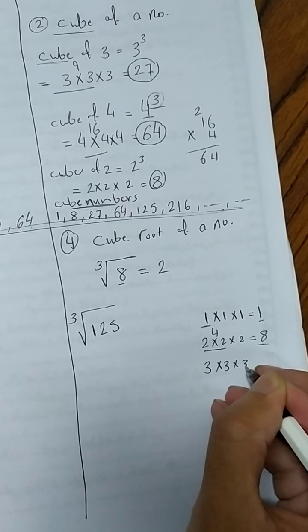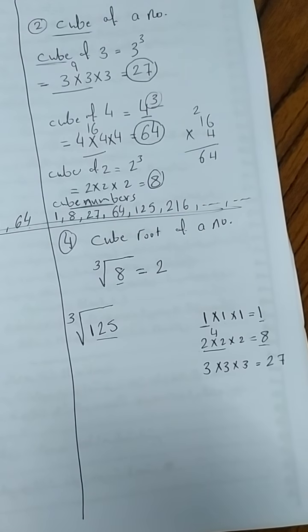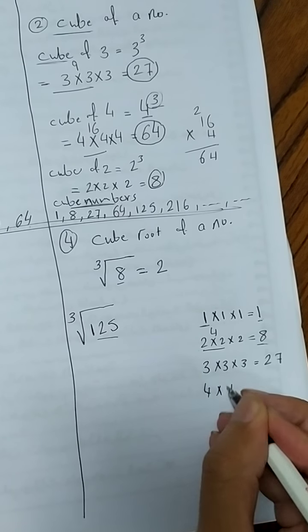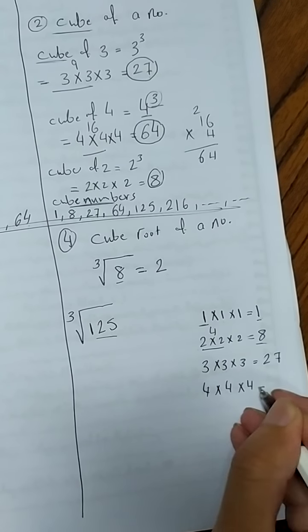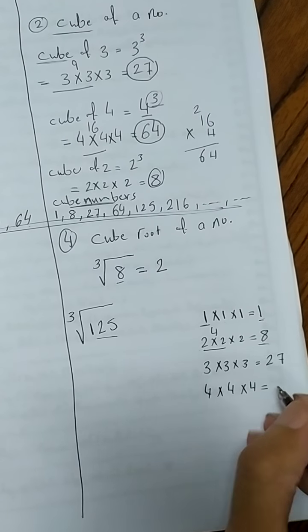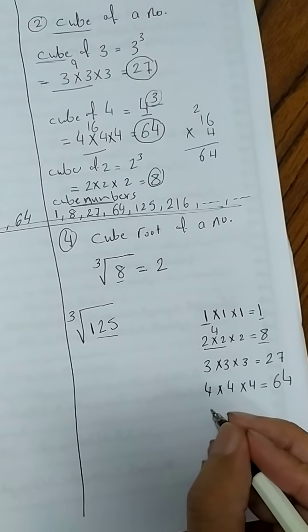3 times 3, 9 times 3, 27. It's not 125. So what about 4 multiplied by 4 multiplied by 4? 4 times 4 equals 16. 16 times 4 equals 64. It's also not 125.